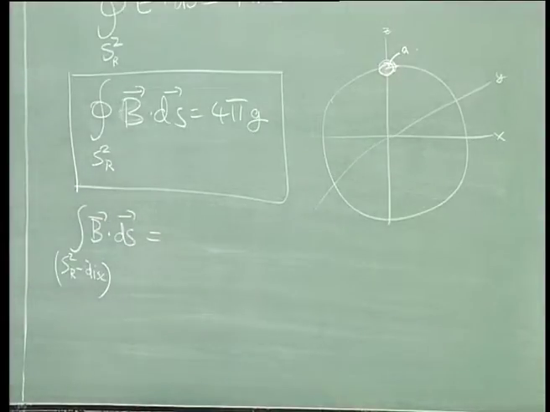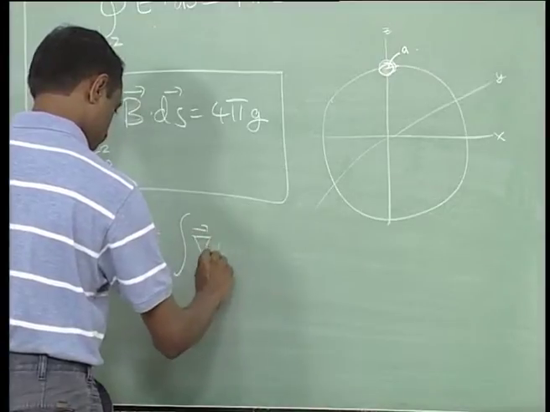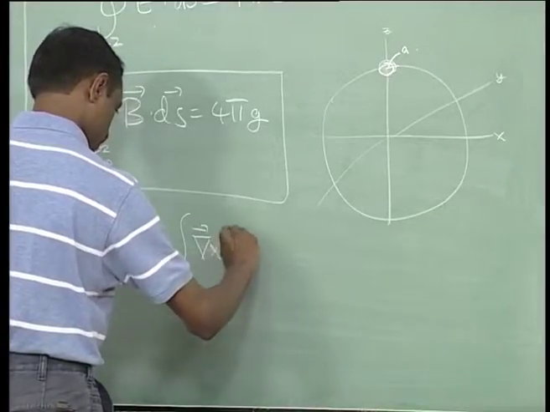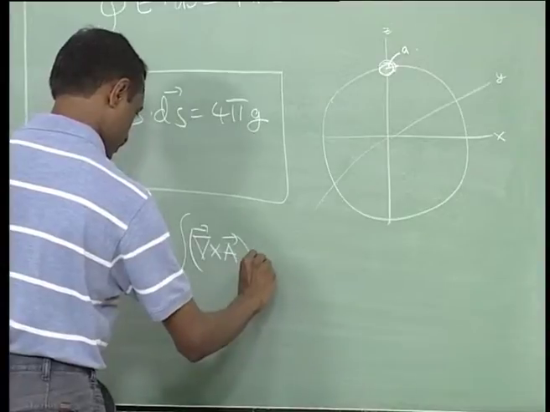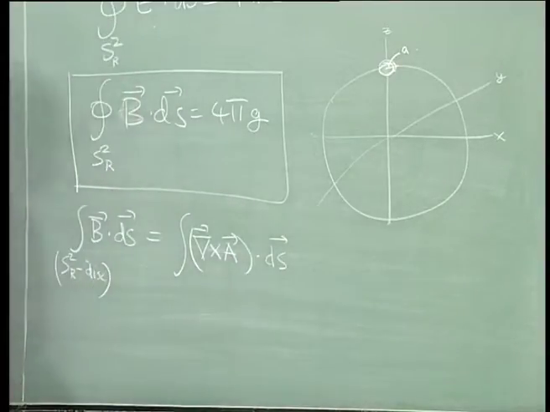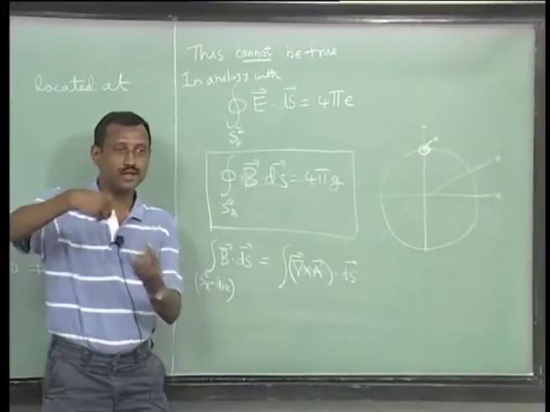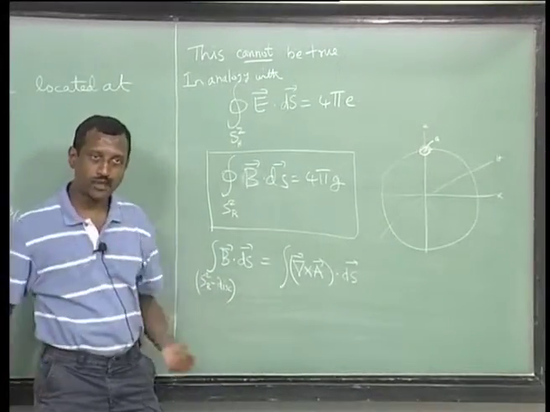But this is just a flux through this surface, and we can write this as a line integral over the boundary of this thing.